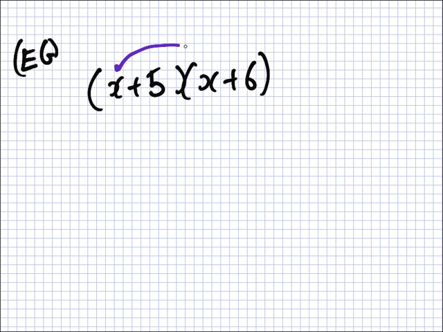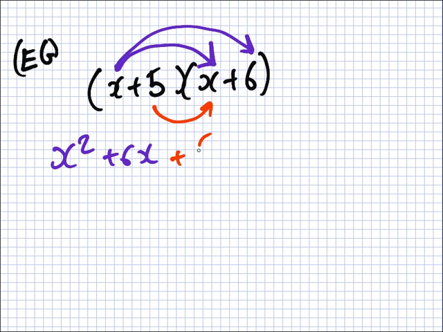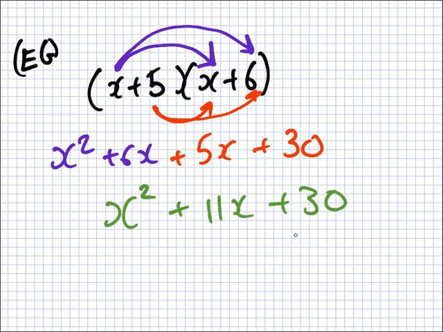We can do x times x, which gives us x squared, and then x times 6, which gives us 6x. Then 5 times x, which gives us 5x, and 5 times 6, which gives us 30. So in total, we have x squared plus 11x plus 30. And that's the quadratic, our simple first example. If you can write that down, please. I know it's simple, but we'll just write it down.